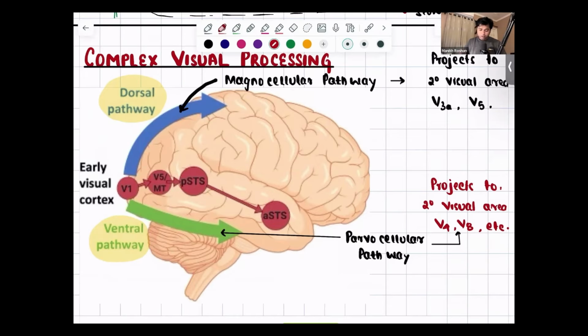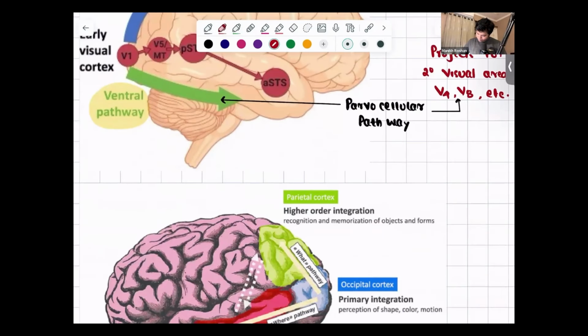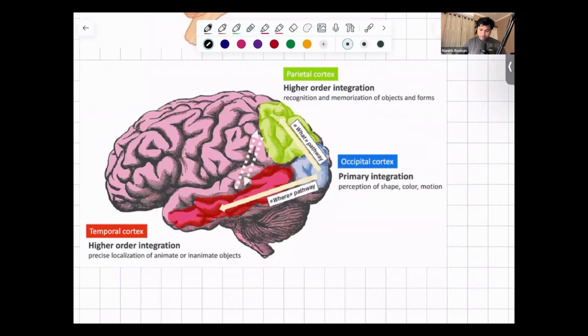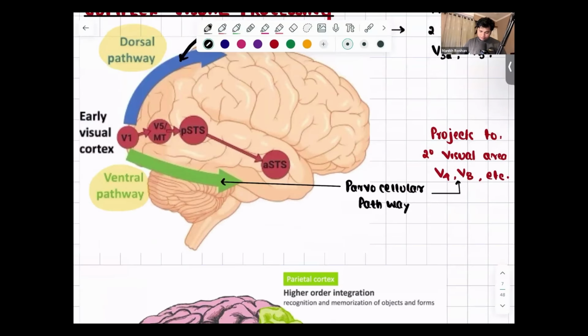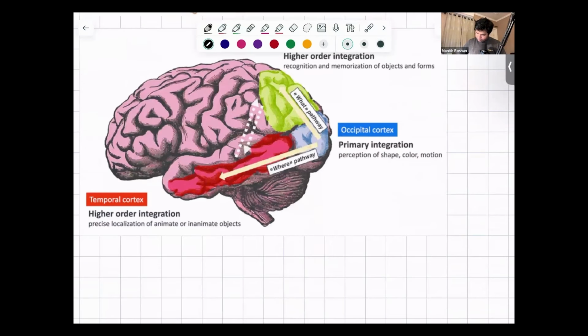Now, let's look into the ventral stream and the dorsal stream in a bit more detailed way. This is the dorsal pathway, or the dorsal stream, and we have a ventral stream also.